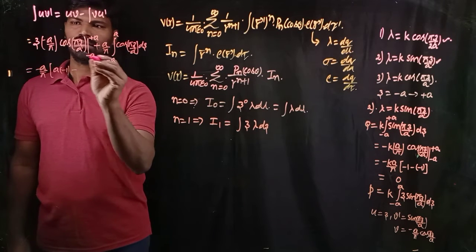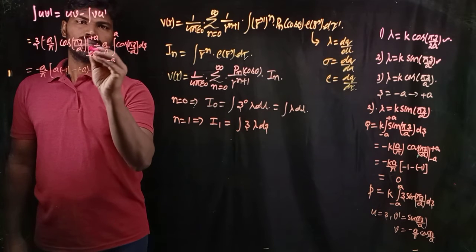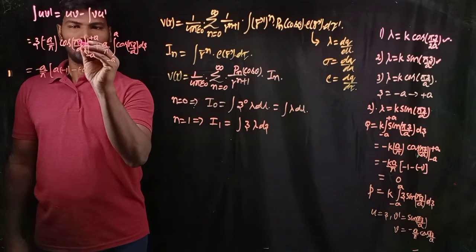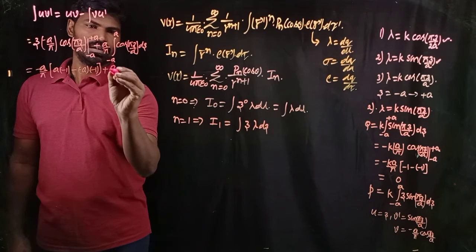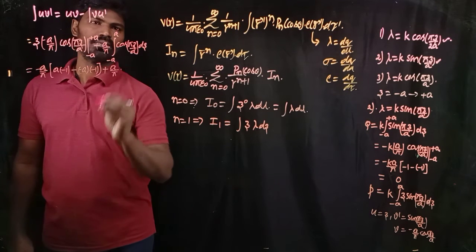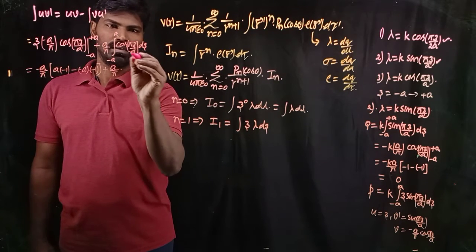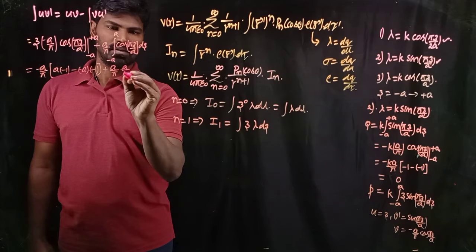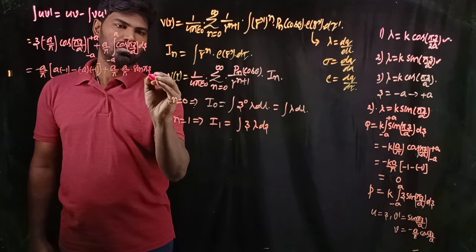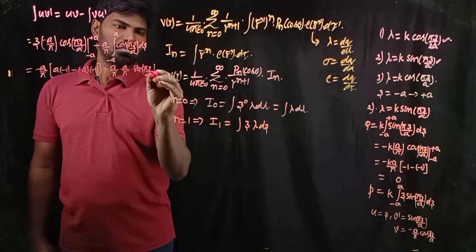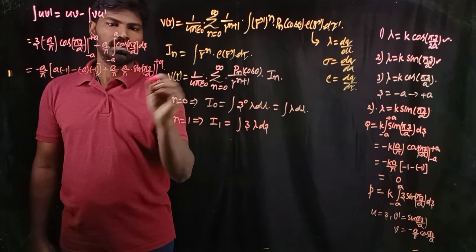Next minus the lower limit, z is equal to minus a, into cos of minus theta which is cos theta only, again you will be getting minus 1. Plus a divided by pi into the integration of cos theta, which is sine, and a by pi comes here. A divided by pi into sine pi z divided by a, between the limits minus a to plus a.